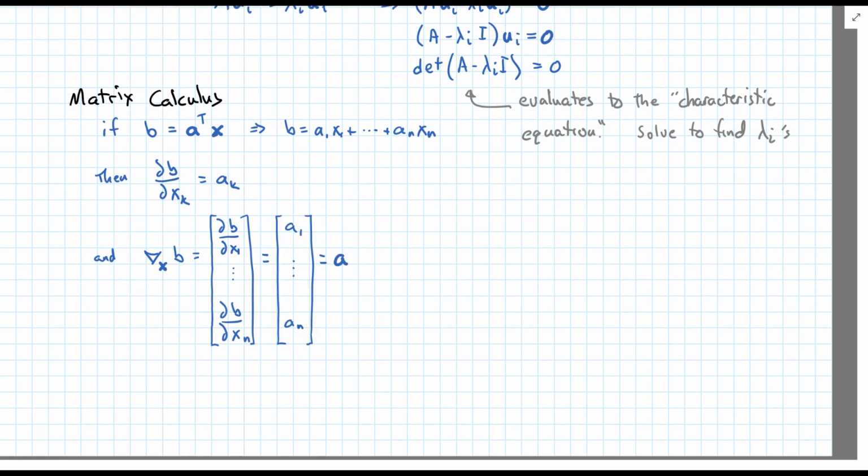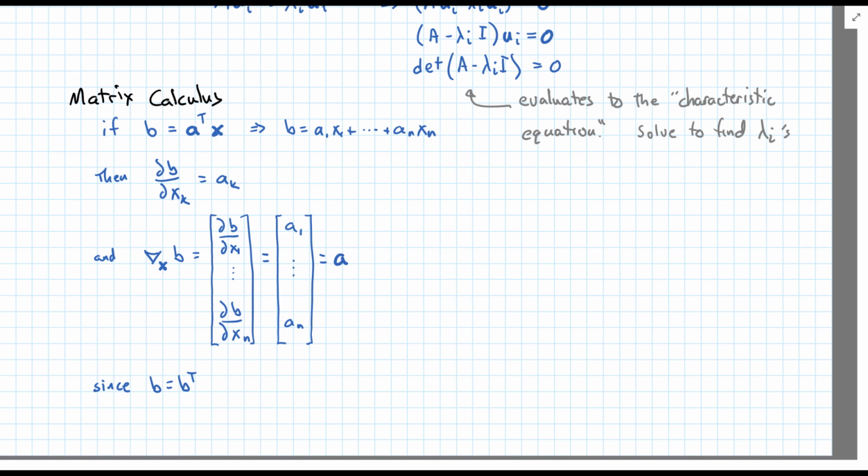This ends up being the column vector A, as we've seen before. So this is kind of nice. This is what you might expect with just scalar operations. If we had B equals AX, where A and X were scalars, then the derivative with respect to X of B is going to be just A. So we get the same type of thing here. So it follows some intuition.